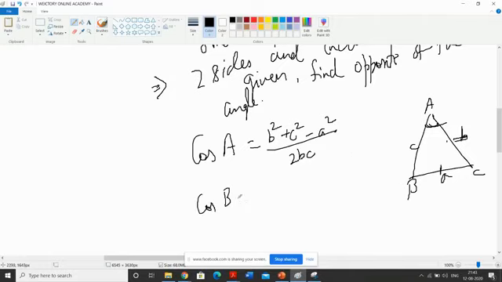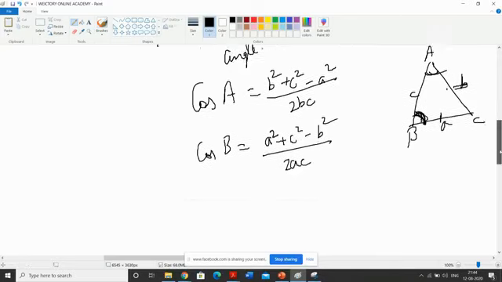Similarly, if you want to write cos B, angle B is formed using sides AB and BC. So you write these two sides' squares, a square plus c square, minus the opposite side to angle B, small b, squared, over twice of ac.